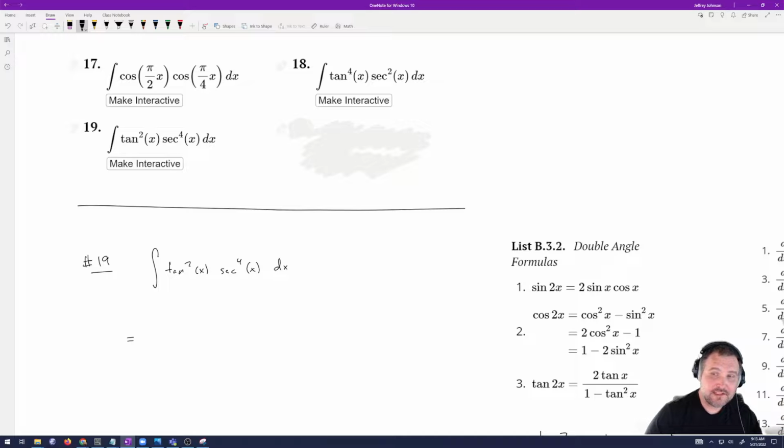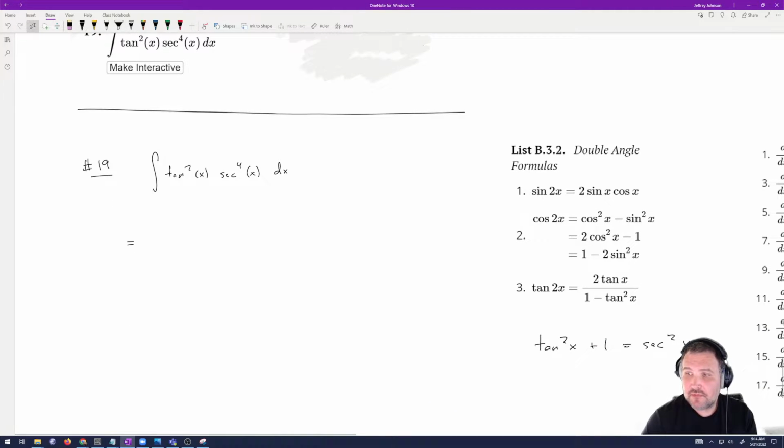So the du will swallow up a secant squared dx. So we can trade out 2 of the secant squareds. This is the formula that we can use right here, that relates tangent squared and secant squared.